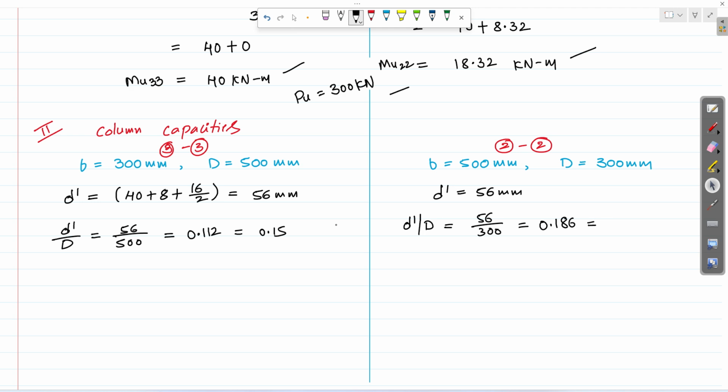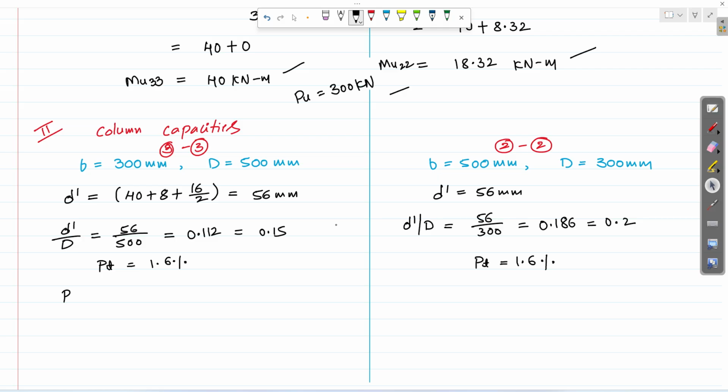So next higher value 0.2. So next I will assume PT, percentage of steel, as 1.6%. So on both axis I will assume 1.6 PT.